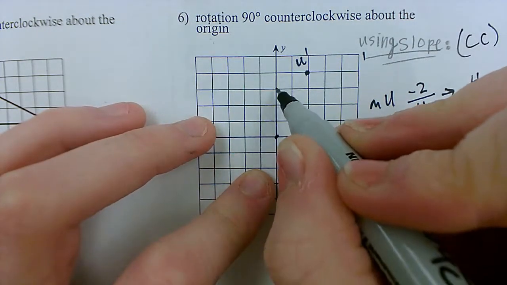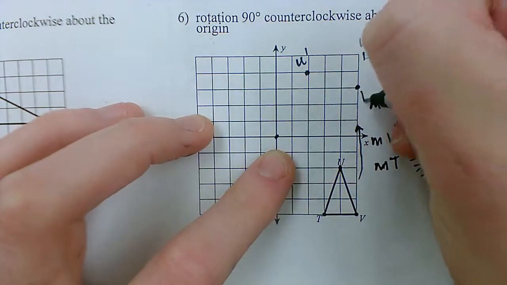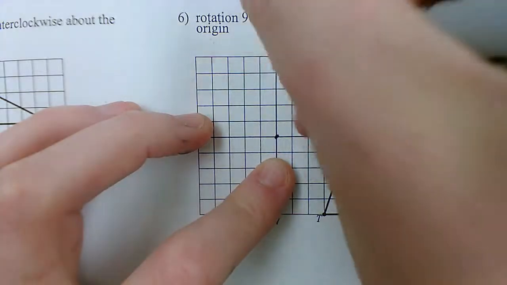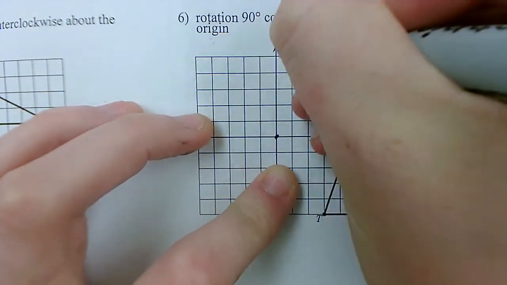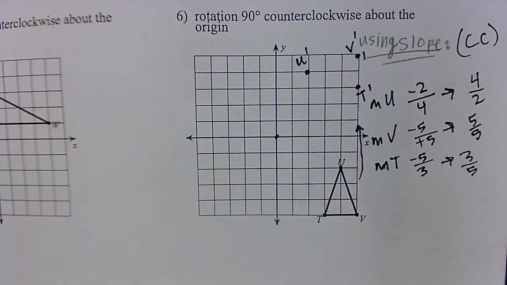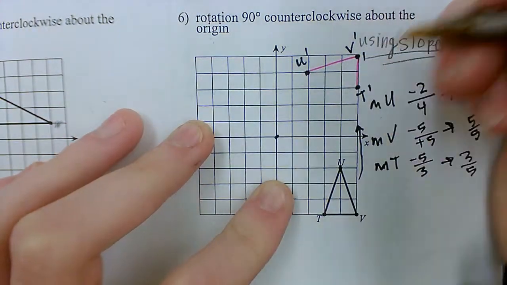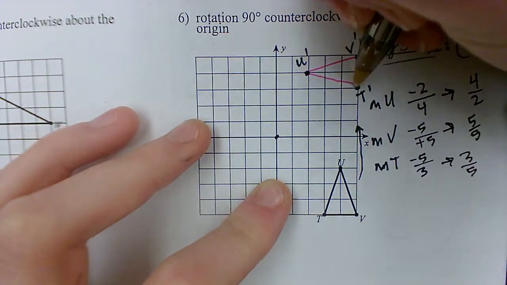So 1, 2, 3, 1, 2, 3, 4, 5 gives me t prime. And 1, 2, 3, 4, 5, 1, 2, 3, 4, 5 gives me v prime. And there's my new image. Okay, that wasn't a great example actually with counterclockwise because we didn't have to change any negatives there. Those were all positives.